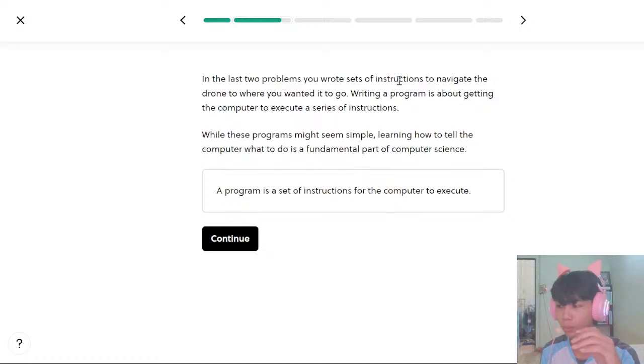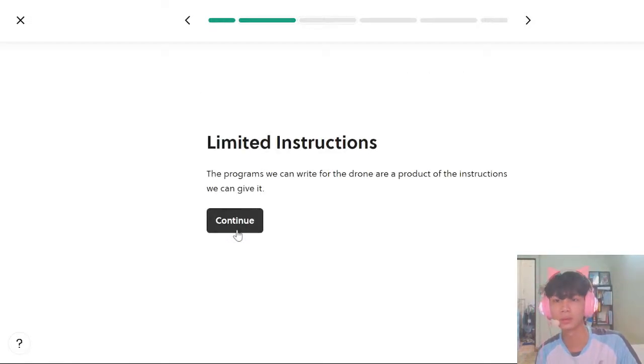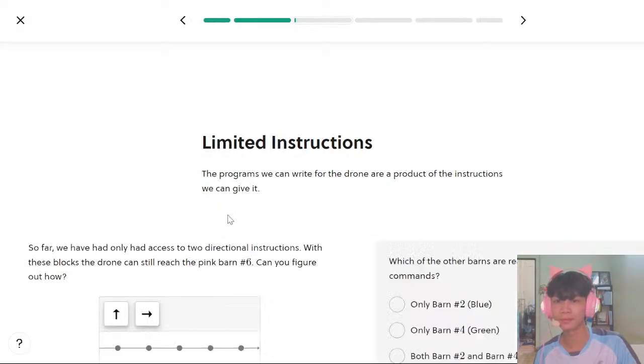In other words, we need to provide instruction information to make the computer understand. A program is a set of instructions for the computer to execute. Limited instructions. The programs we can write for the drone are a product of the instructions we can give.